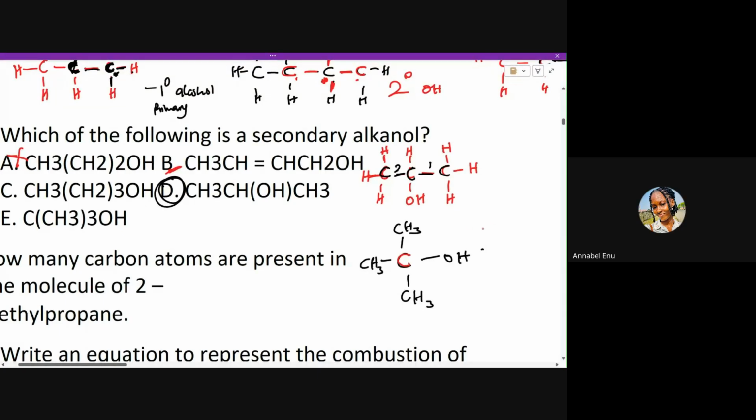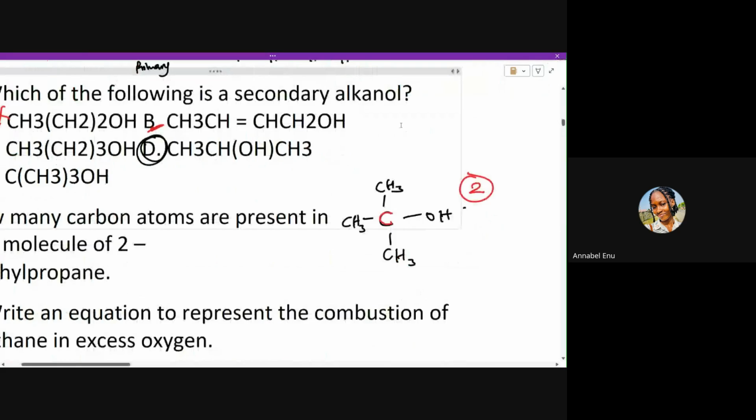This one at the bottom, the second one. This one, we've already done this one. So which one is this one?